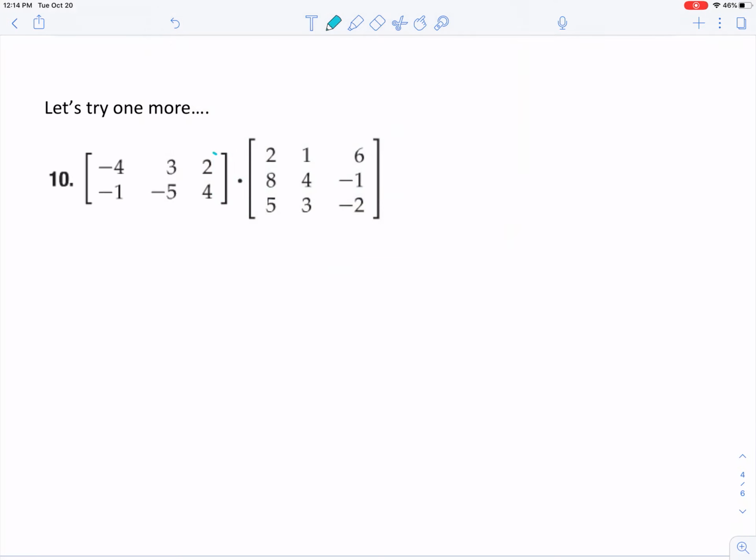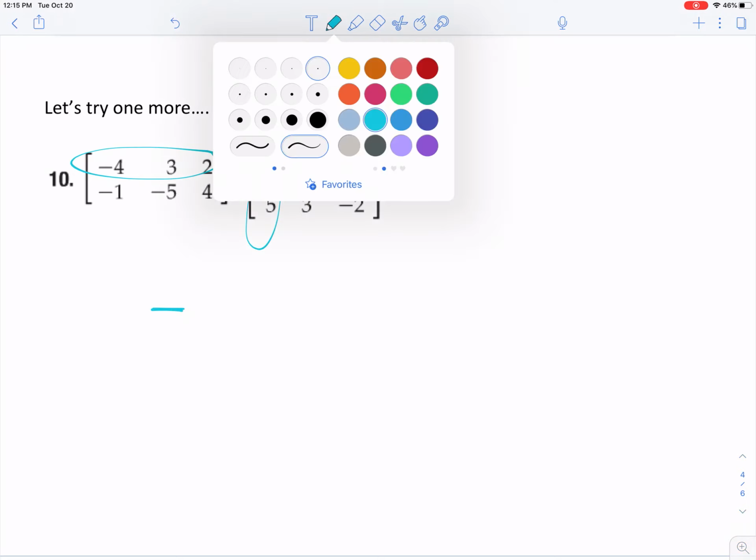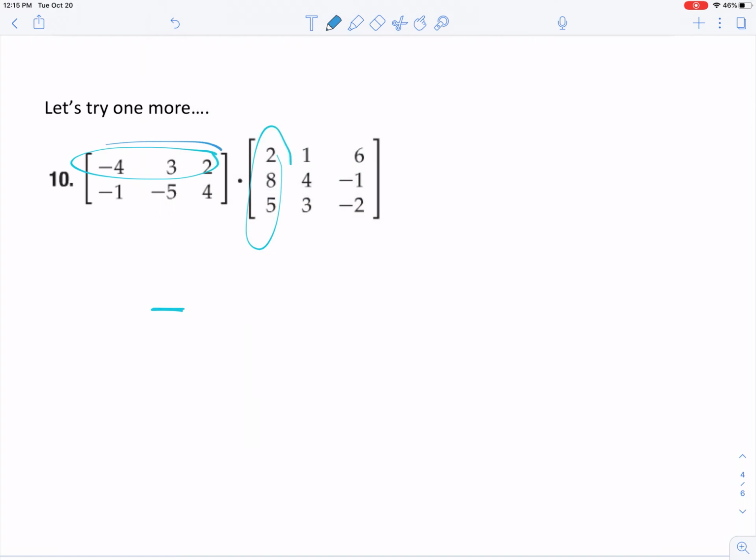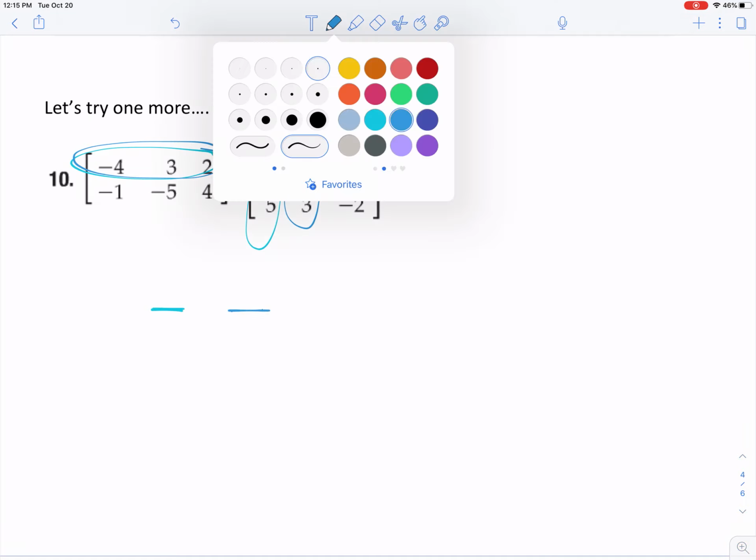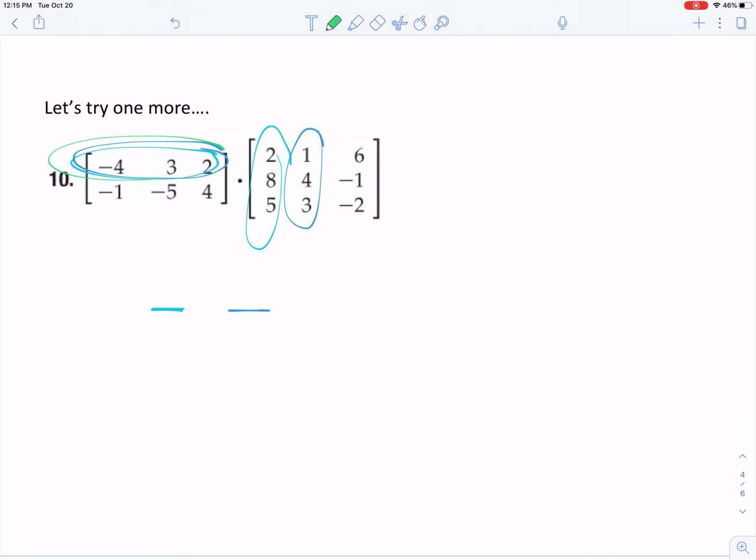So on here, first I would be doing this row times this column. That would give me the answer in the first row, first column location. Then I would come through and do first row, second column. That's going to give me an answer in the first row, second column location. Okay, first row, third column, boom.